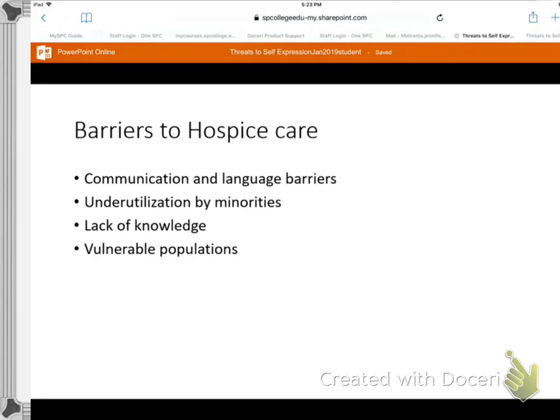Barriers to hospice care. I think that the statistics are, I'm going to say, at least 70% of our patients are Caucasian English-speaking patients. Depending on where you are, your patient load might be a little bit different, depending on the neighborhood that you're in. So our teams are cut in colors. It's like gold team, red team, whatever team.